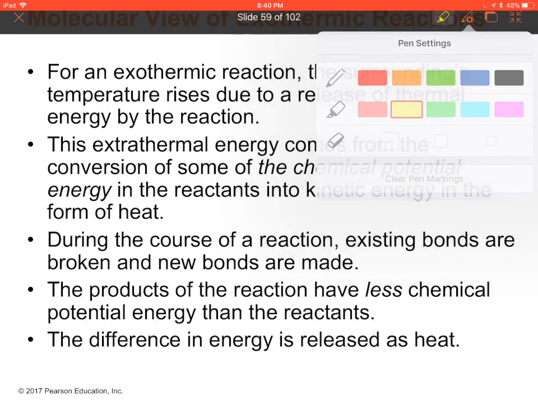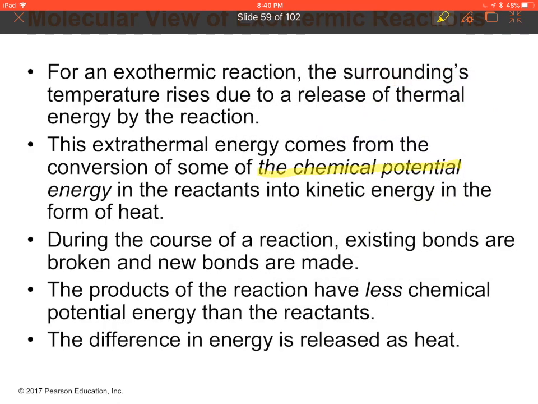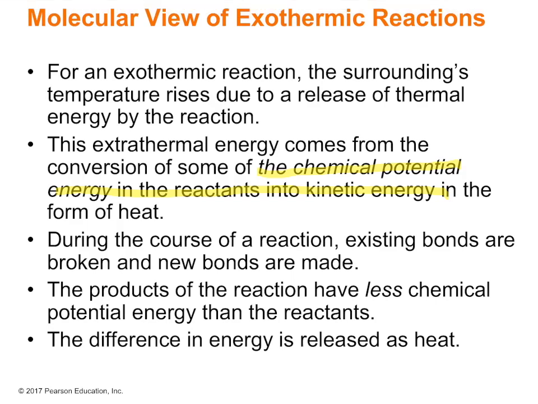So this is actually the conversion of chemical potential energy into kinetic energy. When a chemical system undergoes a change in enthalpy, where does the energy come from or go to? For example, we just saw that an exothermic reaction gives off thermal energy. What is the source of that energy? Where's that thermal energy coming from in an exothermic reaction?